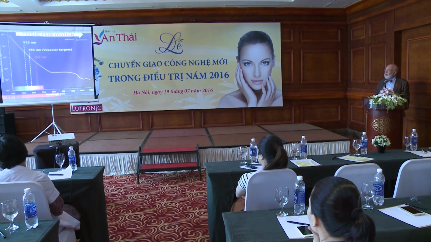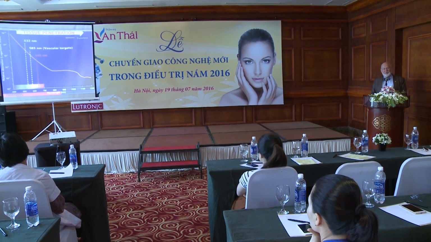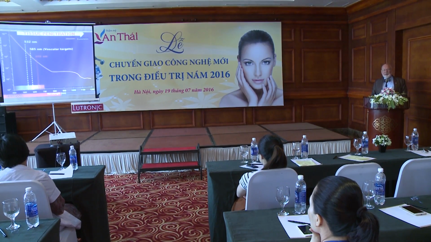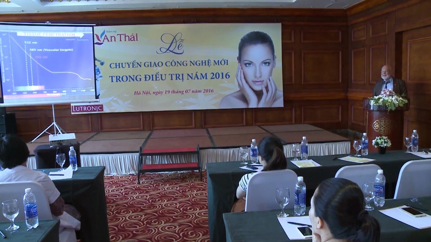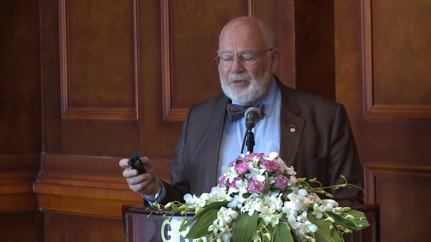Then we have the red wavelength, which is very good for treating melanin because it's not highly absorbed in blood. We have the Q-switch 1064 nanometers, somewhere over there. As you can see, it's still absorbed in melanin, not very well, but it's still selectively absorbed in melanin. So this is the most useful wavelength of 1064 for treating most pigmented lesions that are deep in the tissue.